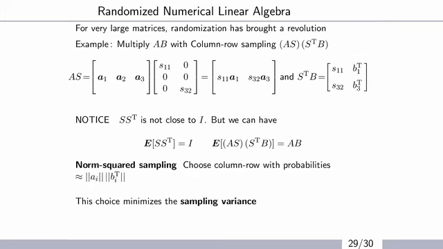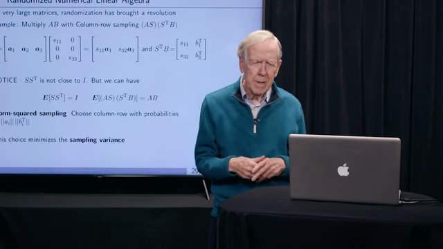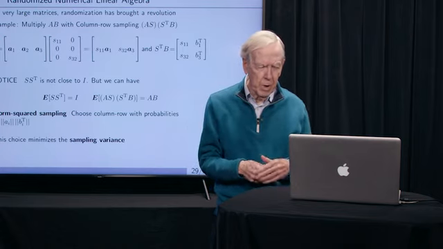And randomized linear algebra, I just want to mention. It seems a little crazy that by just randomly sampling a matrix, we could learn anything about it. But typically data is sort of organized. It's not just totally random stuff.